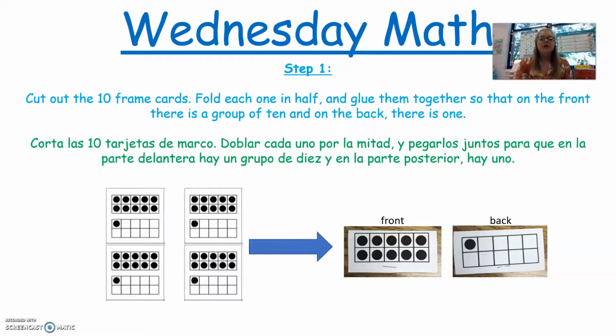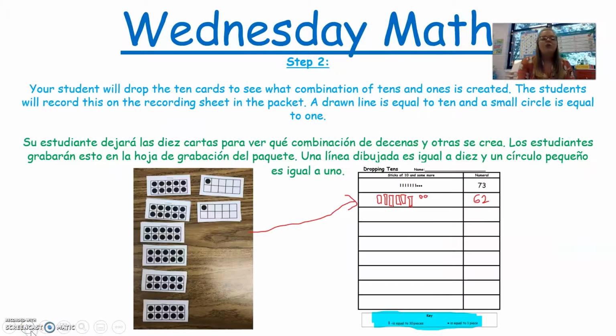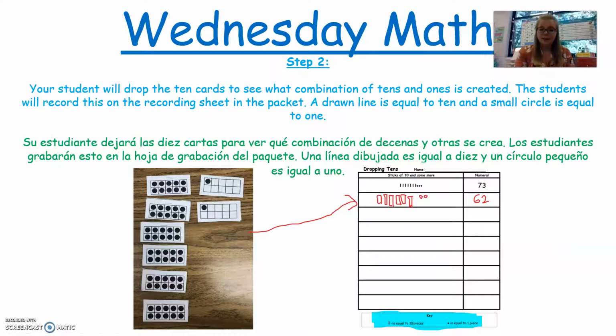Okay? Cut them out in these little squares, fold them in half, glue them together. Once you're done with that, you're ready to do the activity for today.